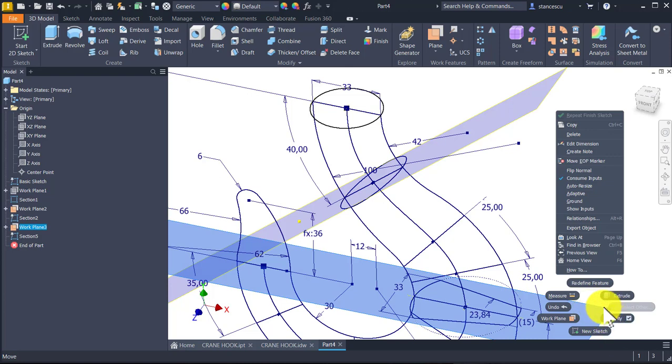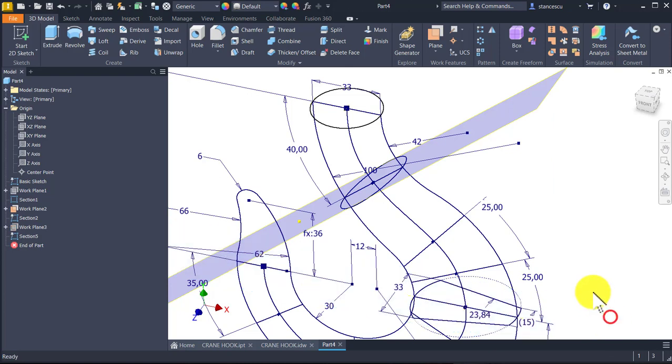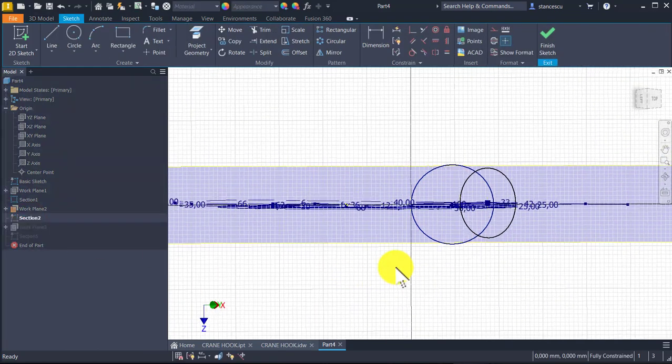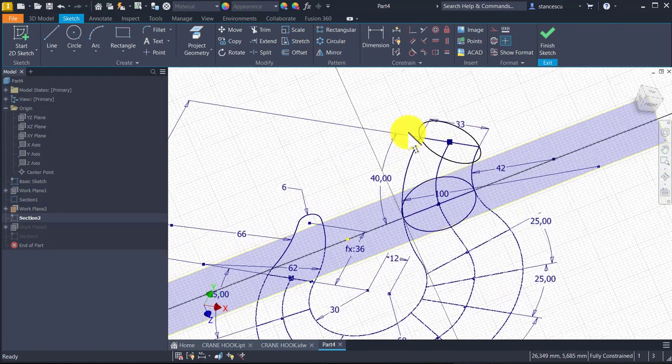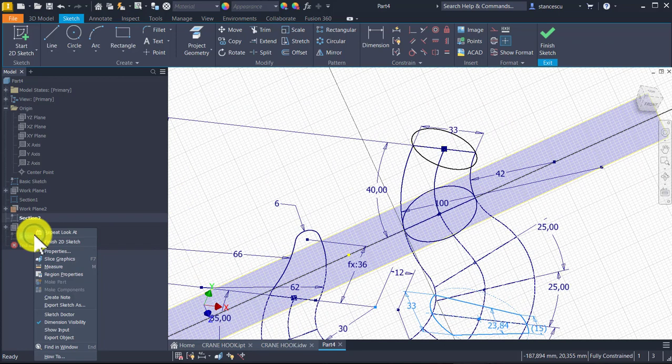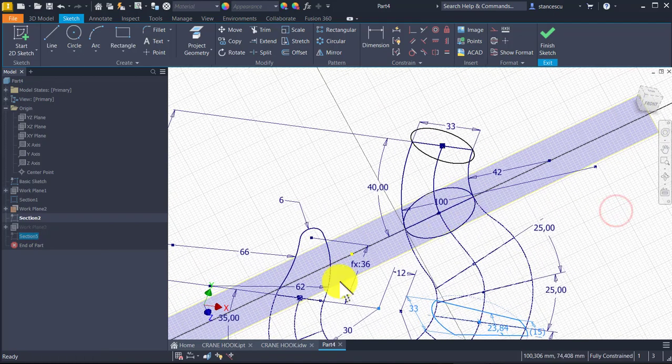I hide this plane, visibility, and I go back to section 2. Now you have to be very careful because it is really interesting. I hide this sketch, visibility, where is it?